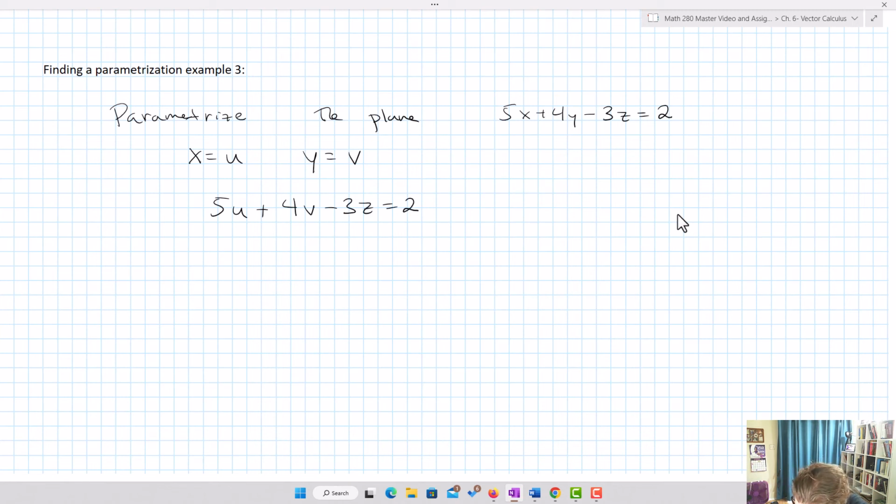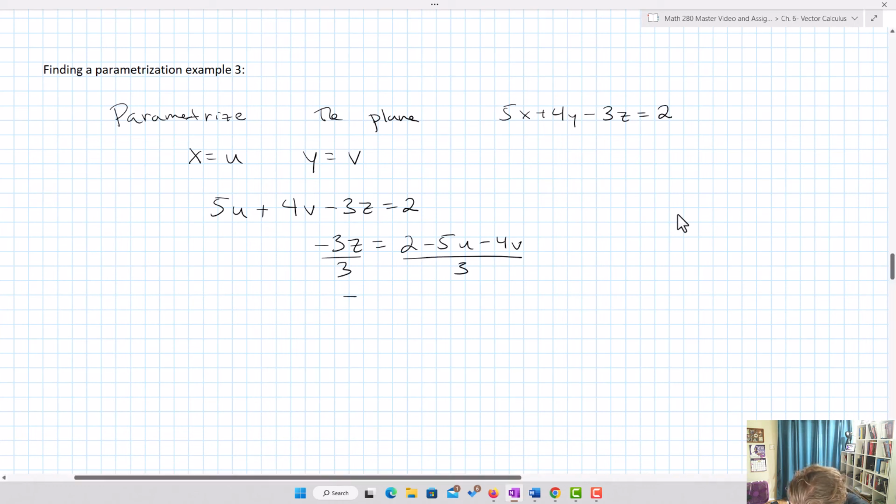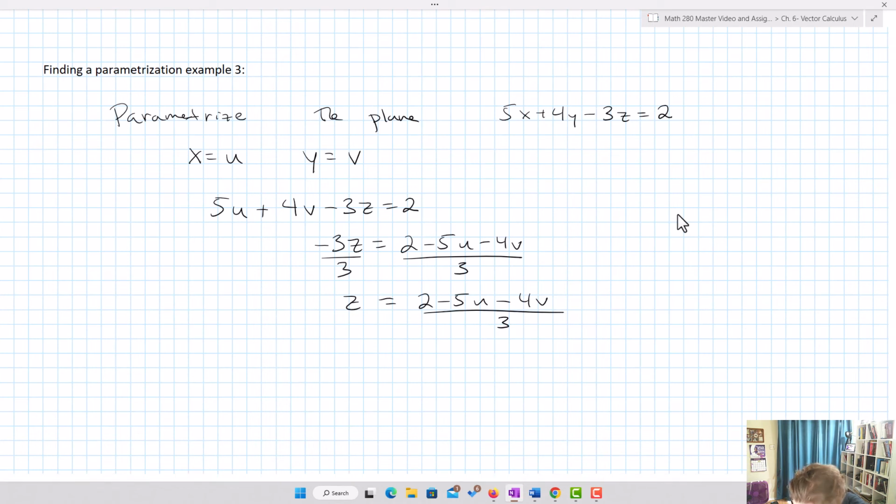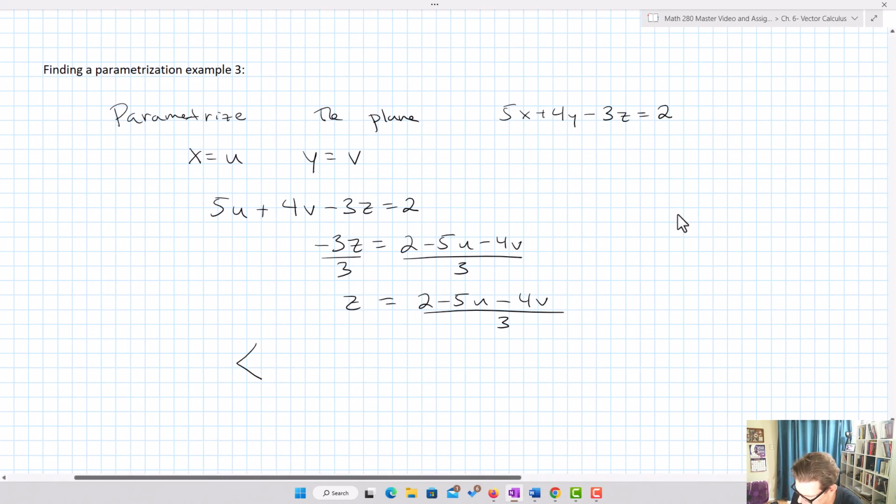If I rewrite that, I get negative 3z equals 2 minus 5u minus 4v, and then I'll divide by negative 3. And so z ends up equaling (2 minus 5u minus 4v) over 3, and my parametrization here ends up being u, v, and (2 minus 5u minus 4v) over 3.